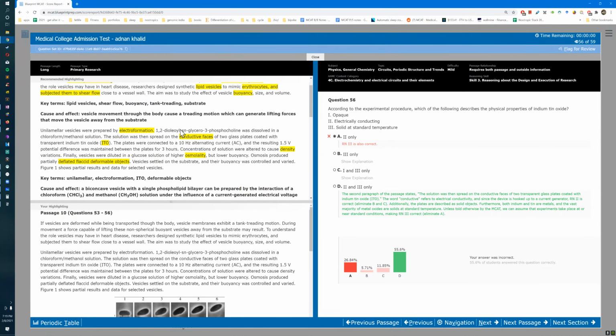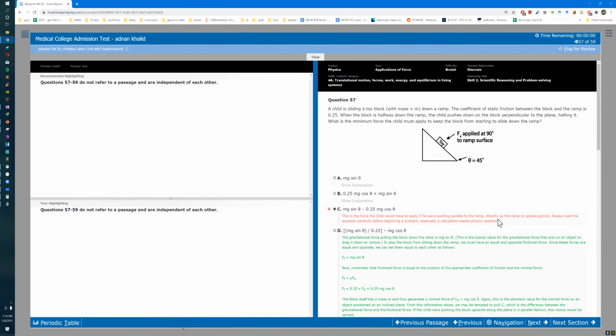And I just saw solutions, so I didn't really think about whether it's going to be solid or not. Concentrations are altered to cause density variations, that could have something to do with it. Anyway, I'll look into that better next time.